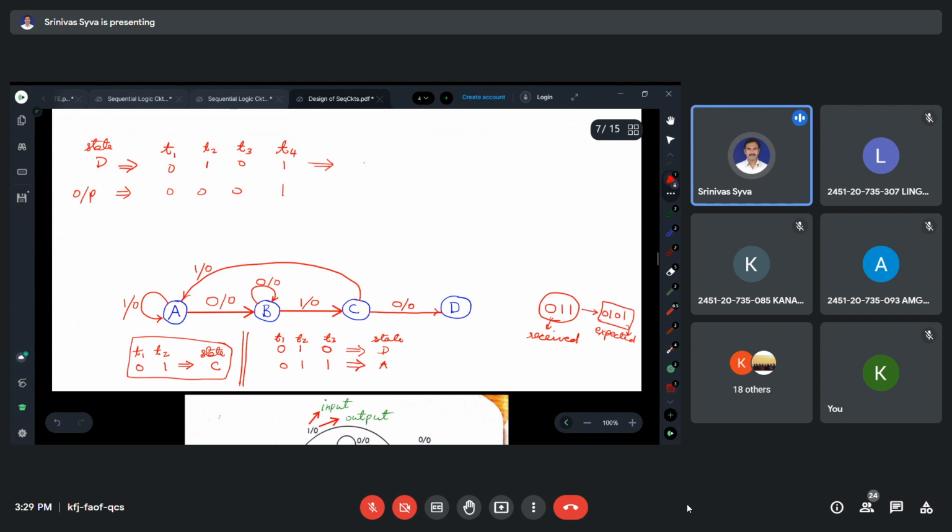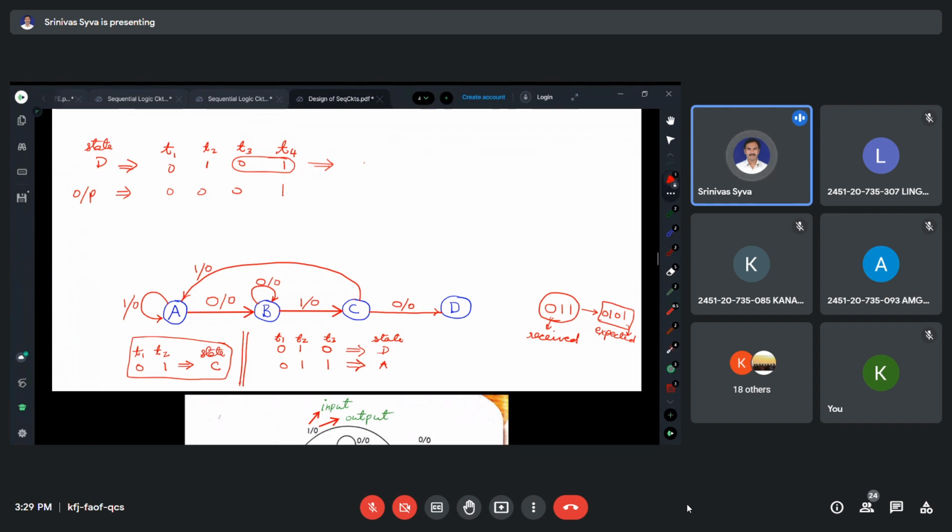After receiving 0, 1, 0, if we receive 1, you may consider the last 2 bits as a partial sequence, some part of the sequence is completed: 0 1.